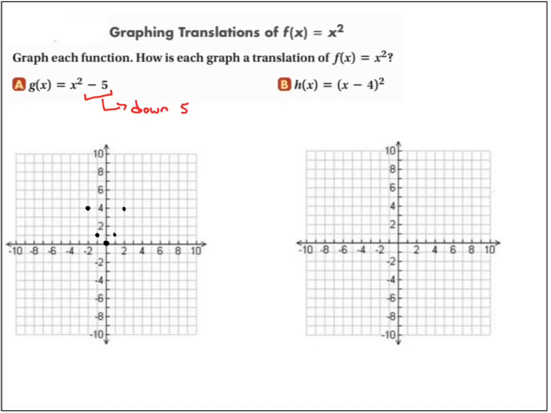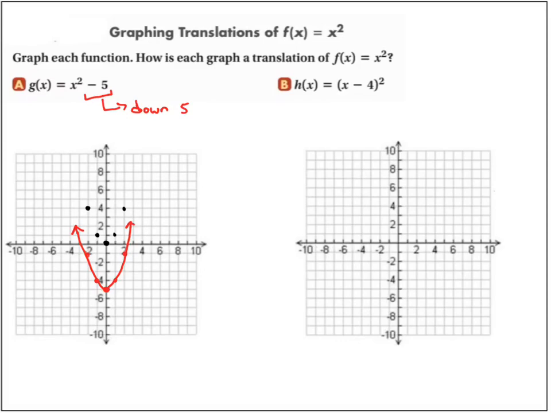So I'm going to take the points here and move them down 5. So we have a new point here, here, here, and there and there. So this is our new parabola graph. I don't have all those points, but I've got enough. And so how is it translated? It's shifted down 5.